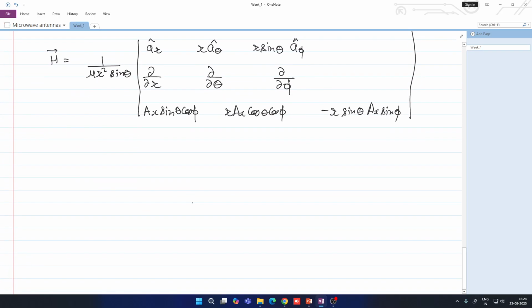So now when we solve this, I am writing the components, because H will have three components.